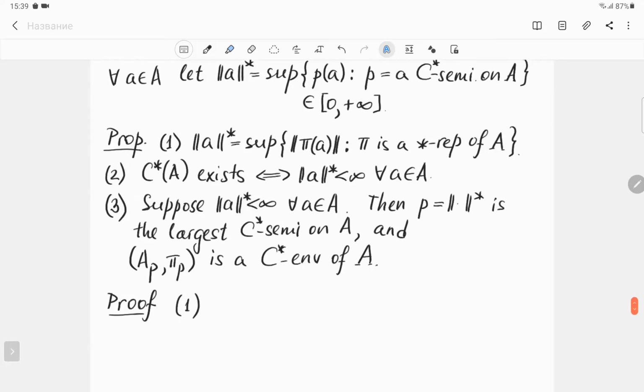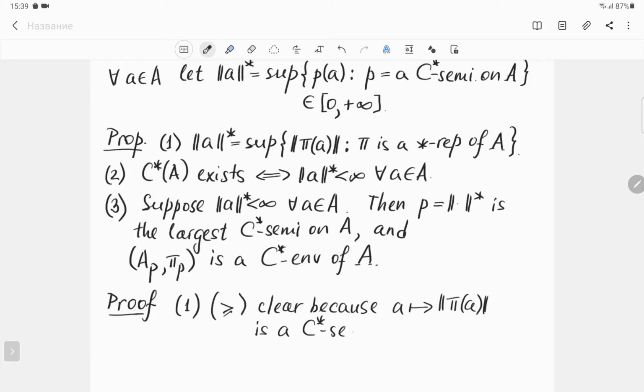Well, indeed, this inequality is clear because for each representation pi, the function which takes A to the norm of pi of A is a C-star seminorm. And so this supremum is less than or equal to this supremum.